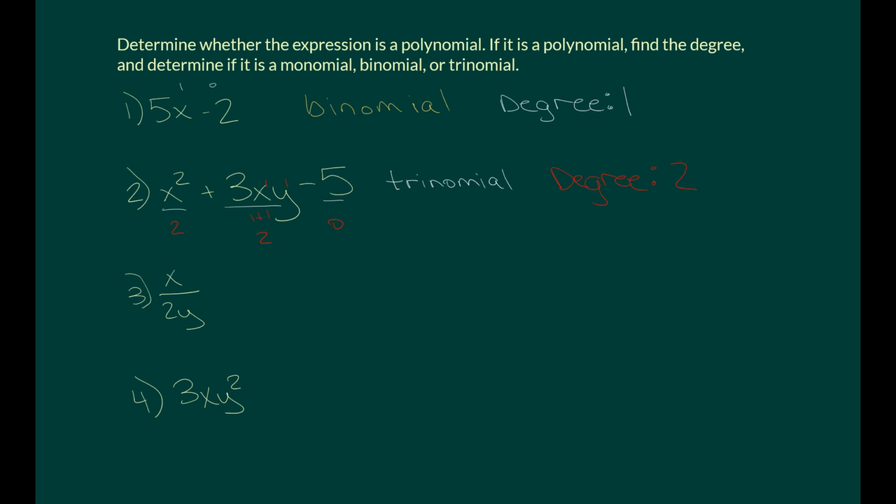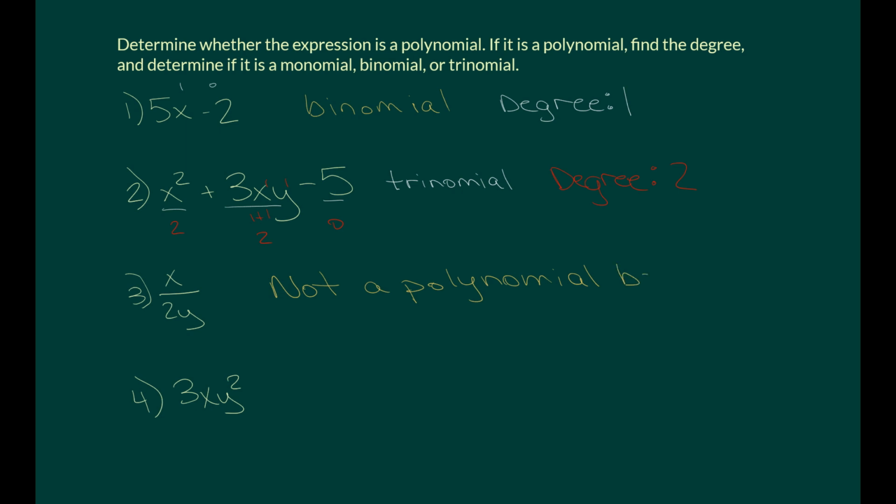Number 3 has x over 2y. This is not a polynomial. And instead of just saying it is or it isn't, if it's not, you need to say why.